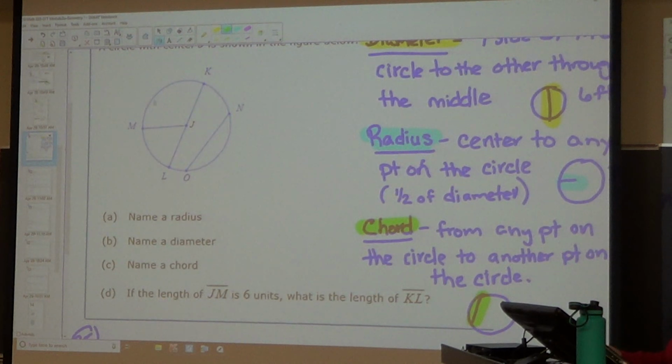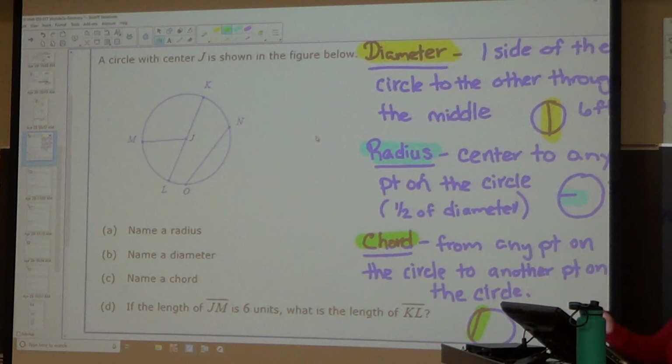So, in this problem, it looks super hard, but it's not. It says, name the radius. What would the radius be? MJ. So you can name it MJ or you can name it JM. It doesn't matter. So my radius is going to go halfway across.